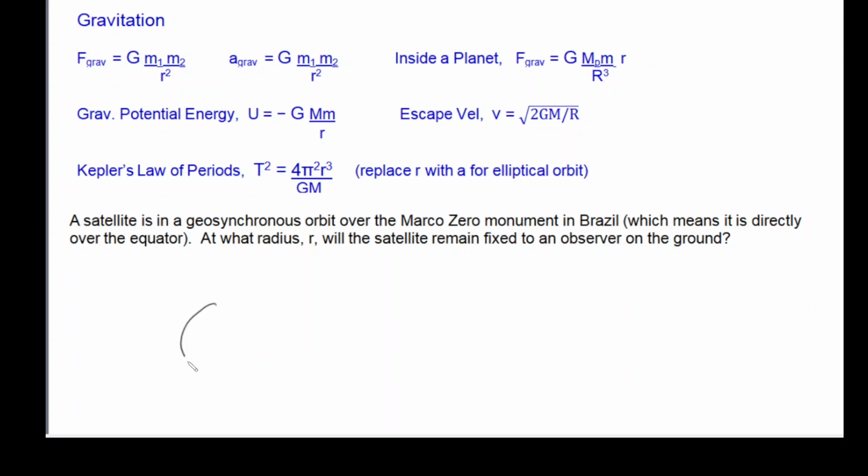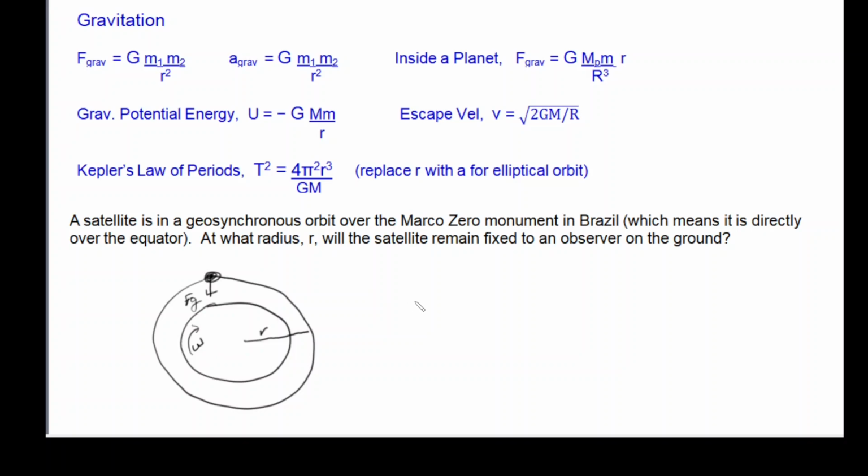We have Earth, and we have our satellite above Earth, and the satellite is a distance of r from the center of the Earth. Here's our satellite, and we have the force of gravity on the satellite, and we have the Earth spinning with an angular speed of omega.